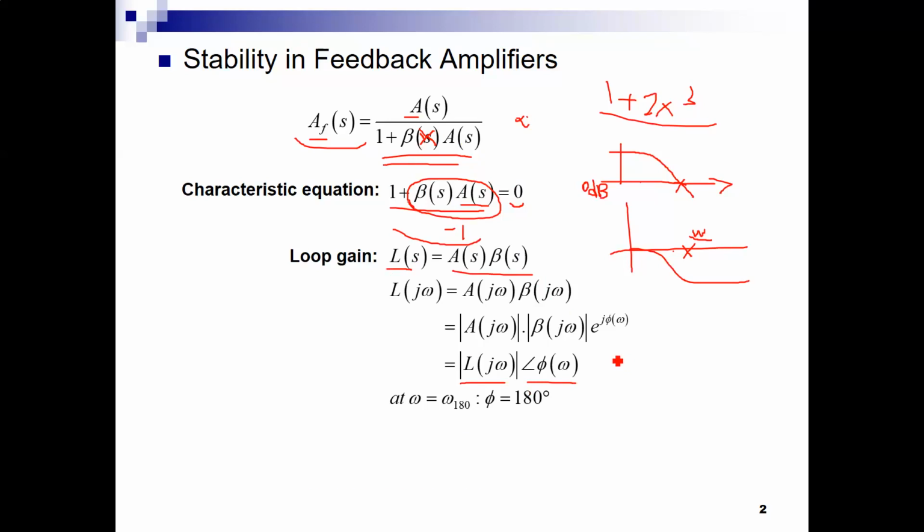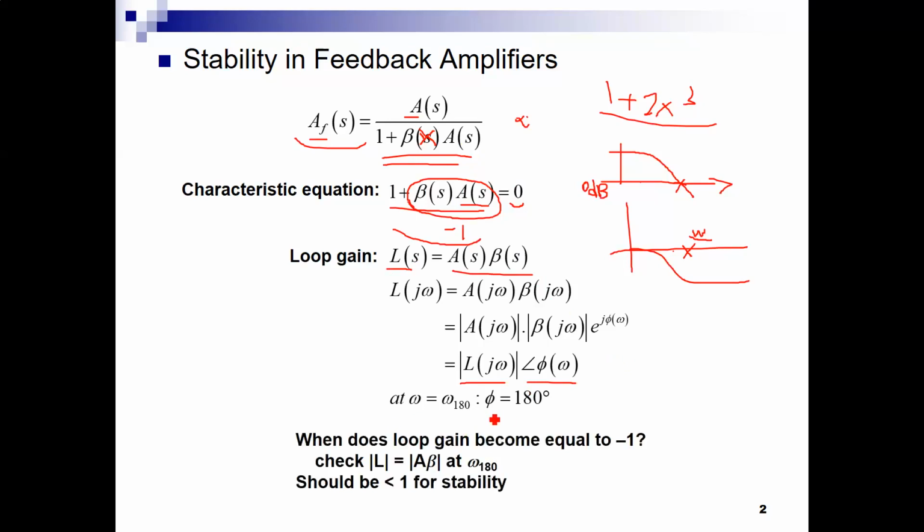What we want is that when the phase of this loop gain is equal to 180, meaning it has coefficient -1, the magnitude of L, the magnitude of A beta, is less than 1, to be stable. We said many times that the magnitude should be less than 1 to have stability, but infinity creates instability, and to guarantee that 1 - 0.1 is a finite number and I am operating properly. So the most important condition is that when I reach a phase equal to 180 degrees, the magnitude of A beta is less than 1.